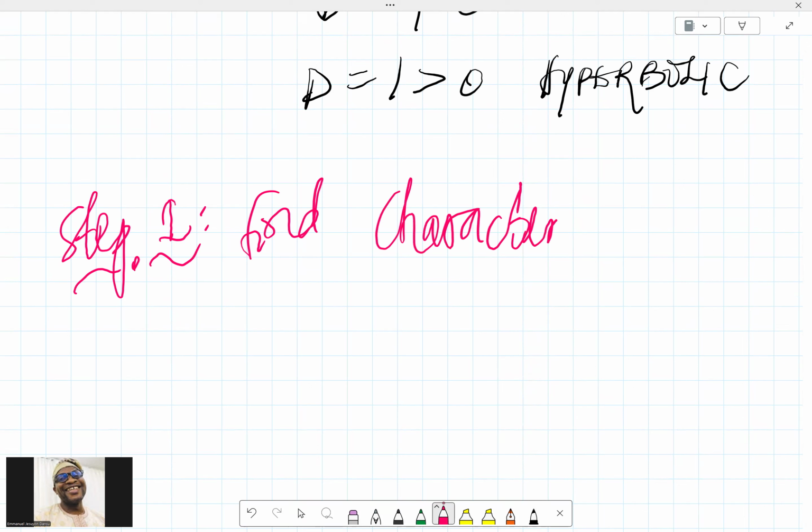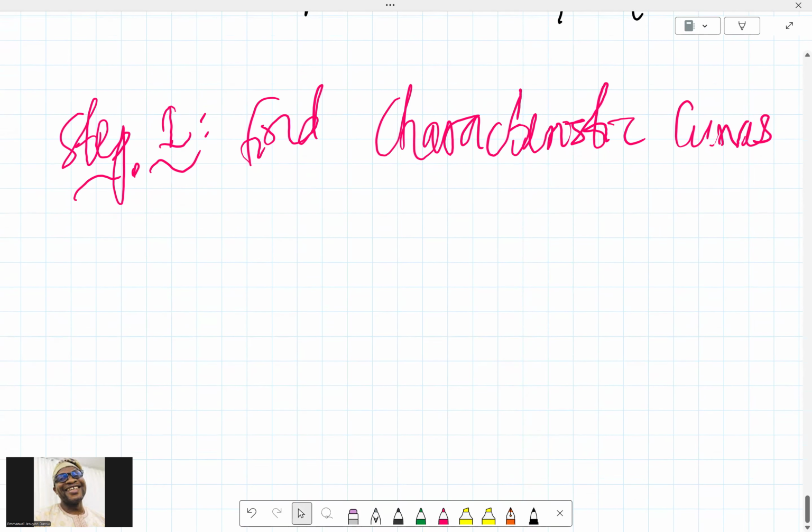Find characteristic curves. In this case, we cannot escape it.